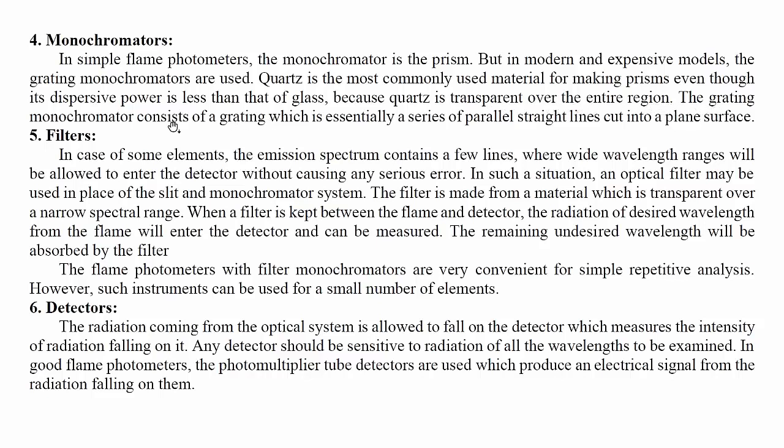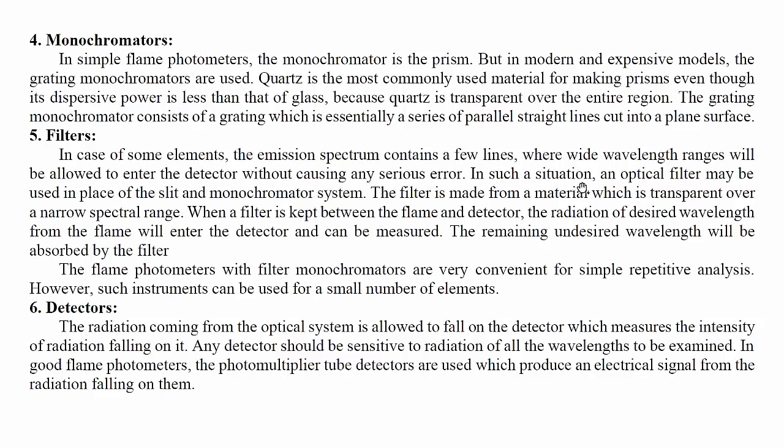The grating monochromator consists of a grating, which is essentially a series of parallel straight lines cut into a plane surface. 5. Filters. In the case of some elements, the emission spectrum contains a few lines, where wide wavelength ranges will be allowed to enter the detector without causing any serious error.